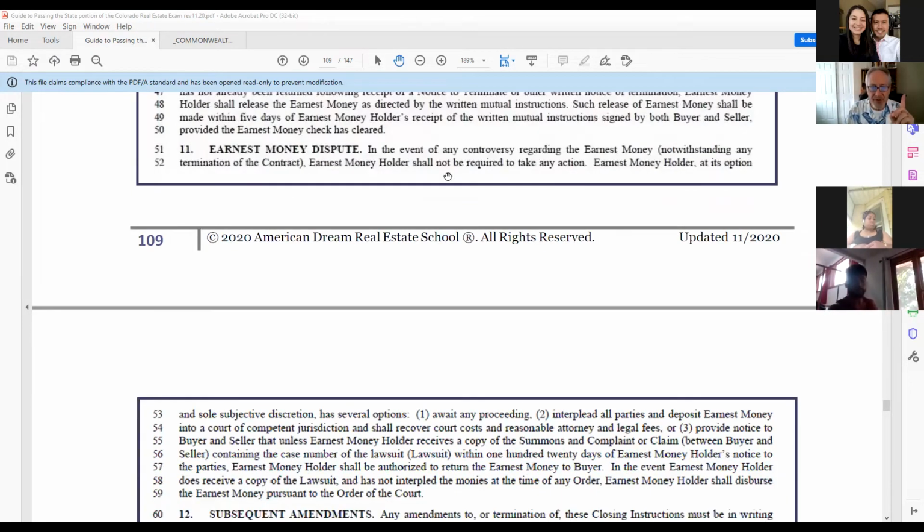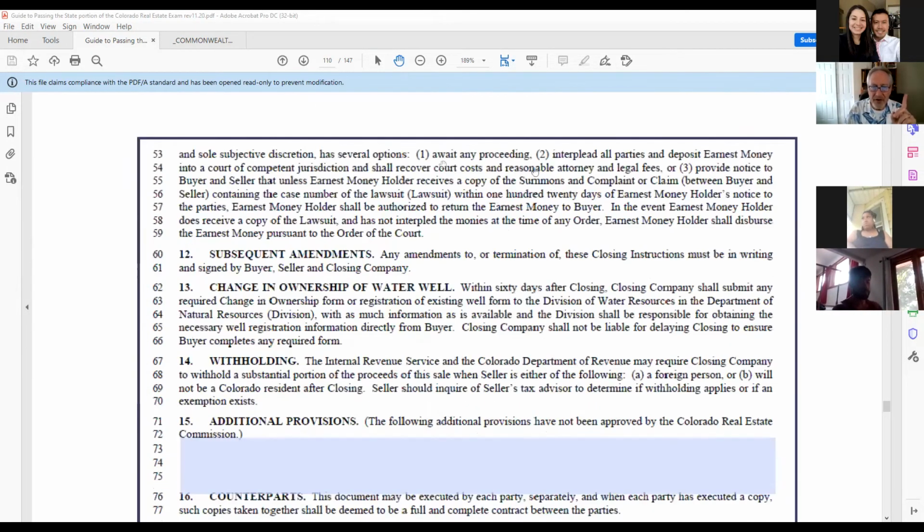If there's a dispute, here's where the other question could come up on this form. There are options: await proceedings, interplead, help them resolve this. Provide notice unless the earnest money holder receives a copy of a complaint or claim within 120 days.